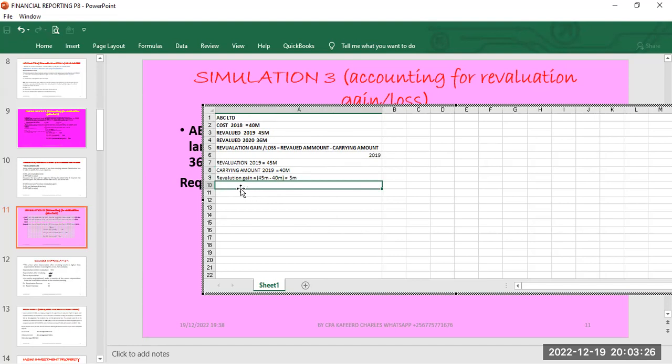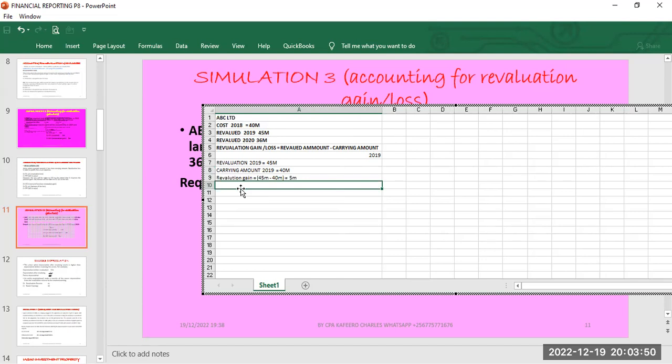Now we look at how we are going to be accounting for these items. I told you, if you can't make these entries, you write what you are doing. Let's say you have got the end result as a gain, you tell the examiner the implication of what you've got.